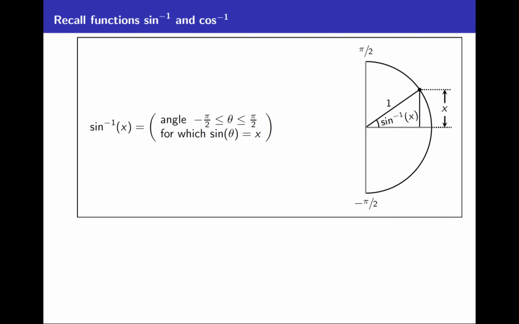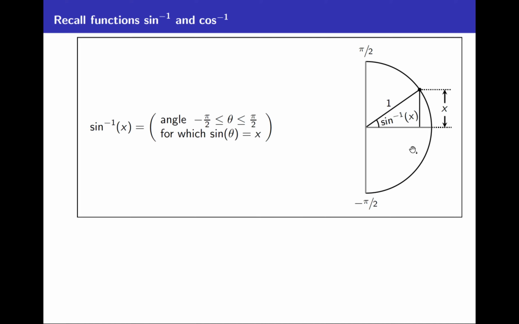Let's begin by recalling sine inverse and cosine inverse. Remember that we define sine inverse of x to be the angle theta between negative pi over 2 and pi over 2, for which sine of theta equals x. This is the inverse of the sine function when you restrict its domain to these values of theta.